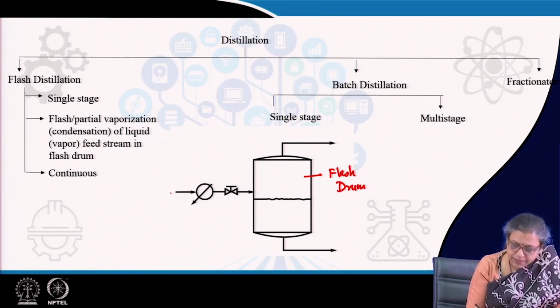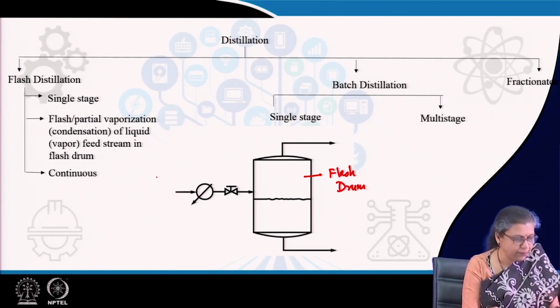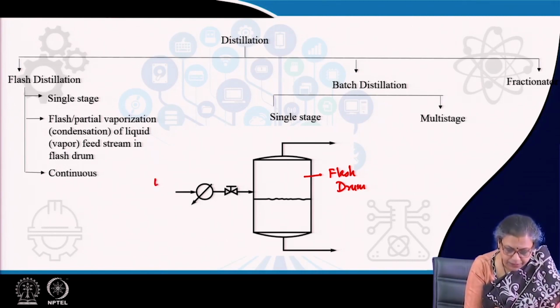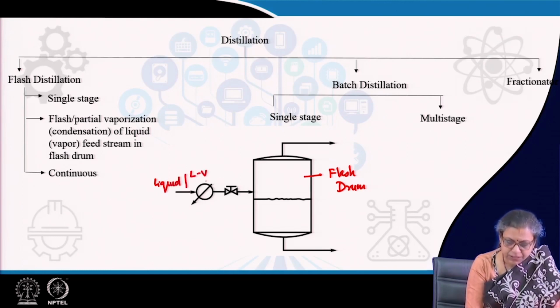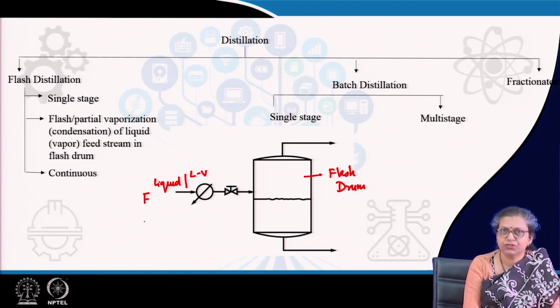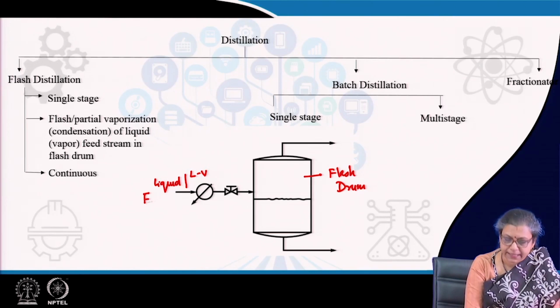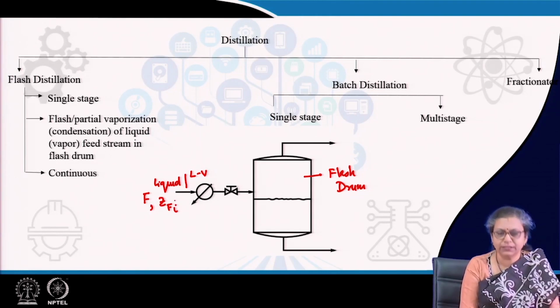Now, what happens in this particular flash drum? The liquid feed or the vapor feed, whatever it is, or the liquid-vapor mixture feed, can be introduced. Generally, we denote the feed flow rate as F, and the composition as ZF for each ith component.